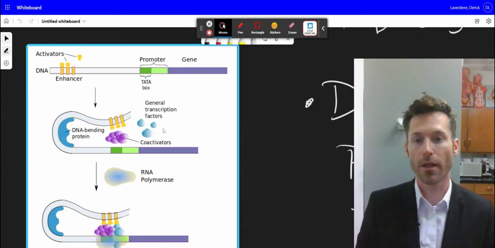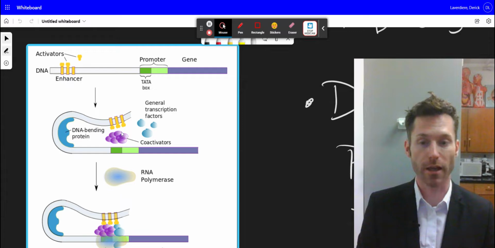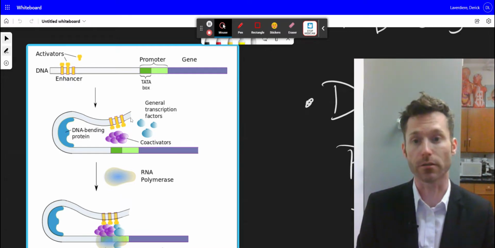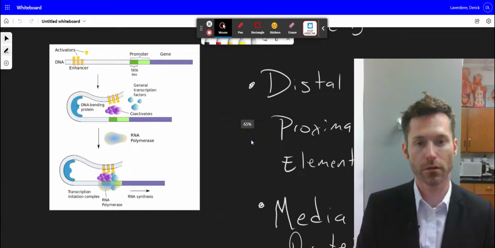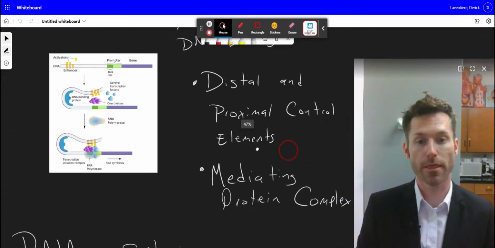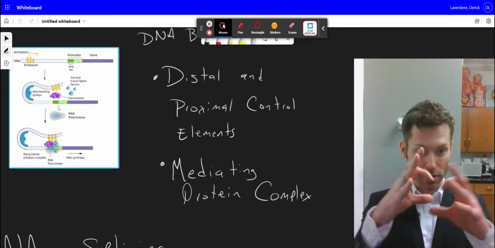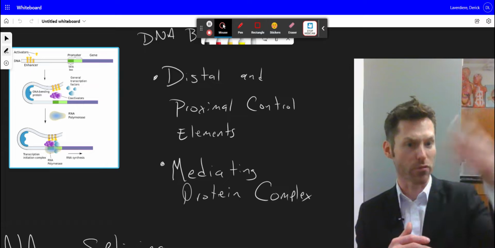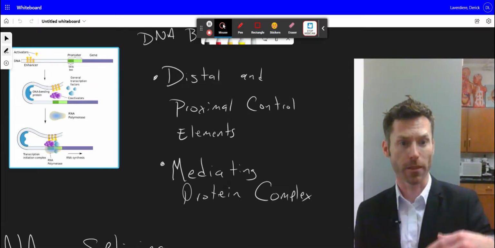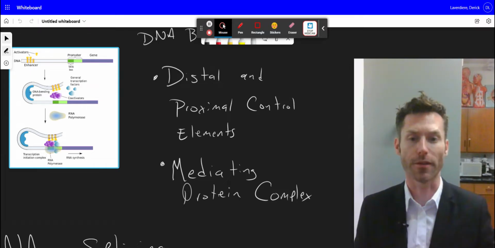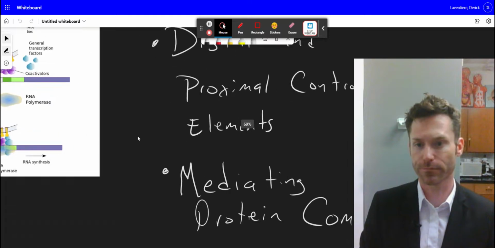Then another group of molecules called coactivators come in and engage with the activators that are still stuck on our distal control elements. These coactivators build what is called the mediating protein complex. All the coactivators together in a big ball form kind of like a big bridge between the promoter and the enhancer. We call that the mediating protein complex.